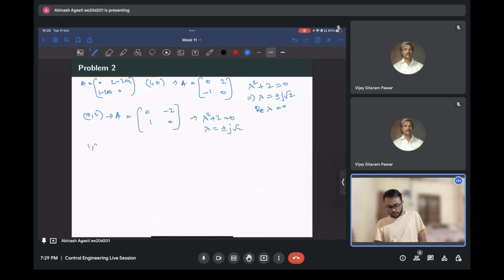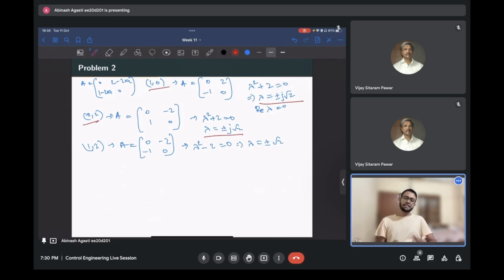Alright, and for (1, 2) we'll have A equal to [0, −2; −1, 0]. That will give me lambda square minus 2 equal to 0 and lambda equal to plus minus root 2. So for these two equilibrium points, since the real part of all the eigenvalues is 0, we cannot say anything about the stability of the system around that equilibrium point.